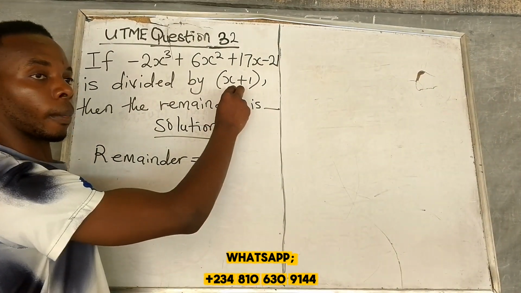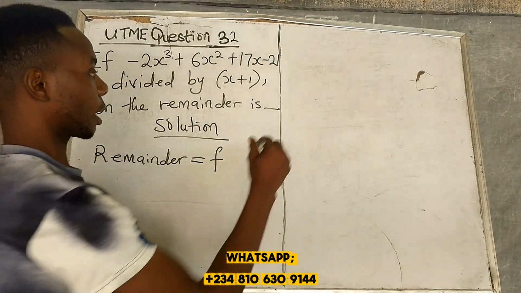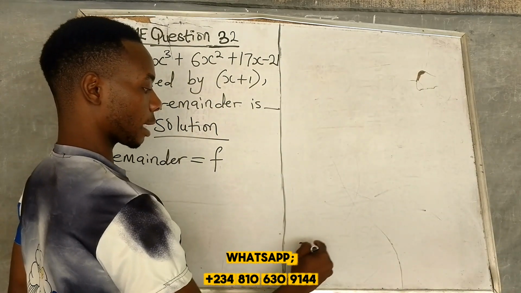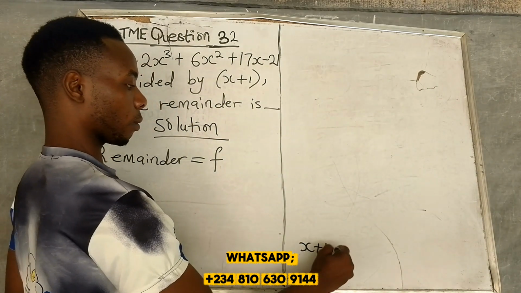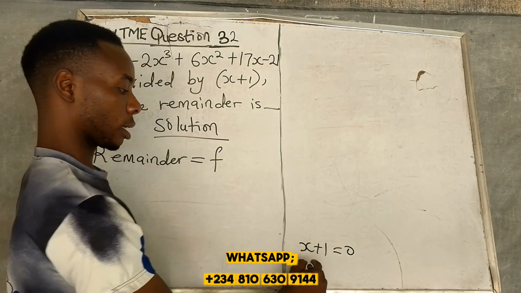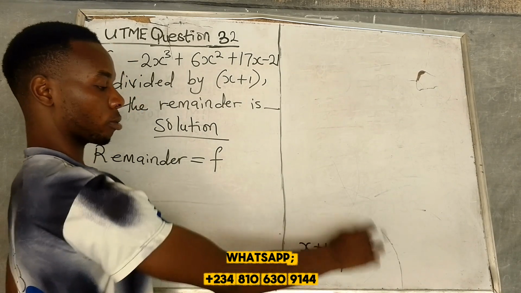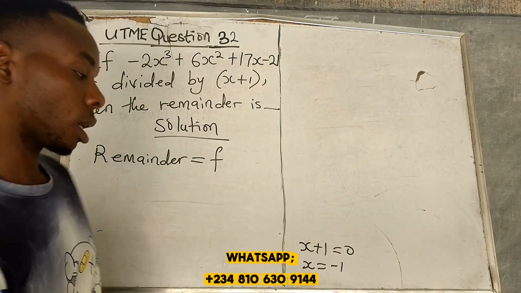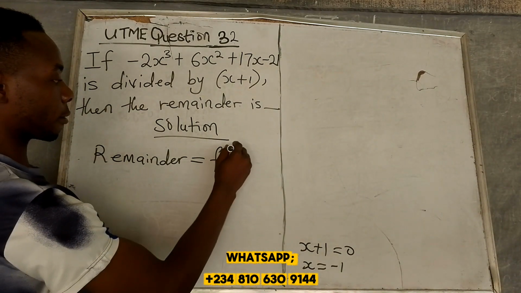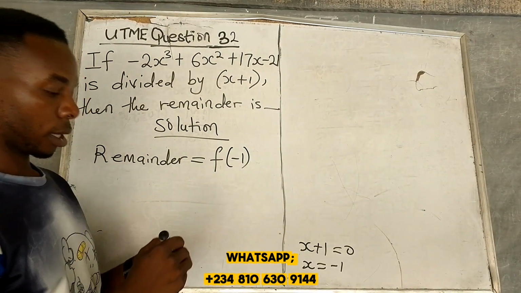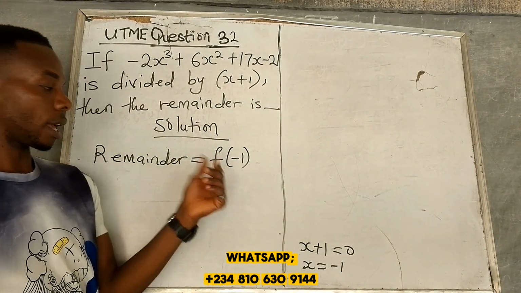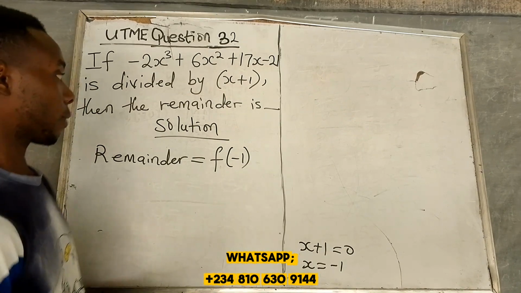That is the denominator, x plus 1. Since x plus 1 equals 0, to make x the subject, it will be x equals minus 1, because this is plus 1, we move it to this side, making it minus 1. So this will be f of minus 1.